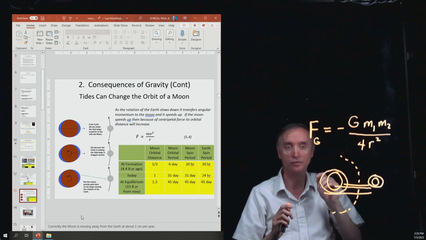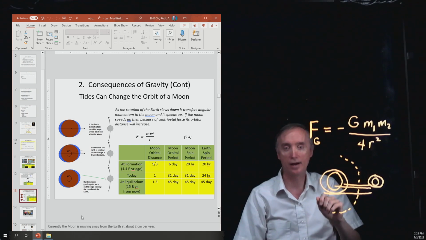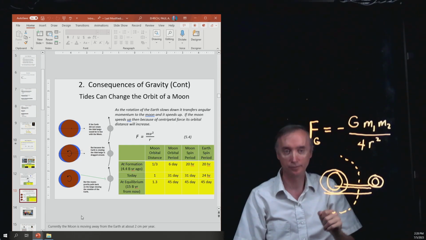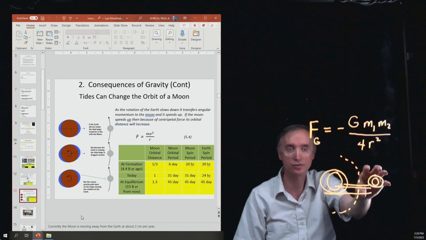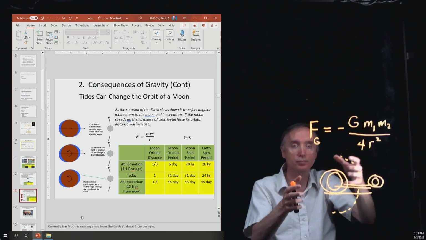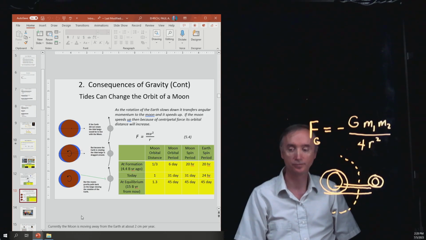This is, again, going to be very important because we're going to use this to explain how a planet can migrate. So we think that, for example, Jupiter, when it first formed, it was actually closer than what it is today. And because of these gravitational interactions, Jupiter has moved away from the Sun. So we'll talk about that in just a few moments.